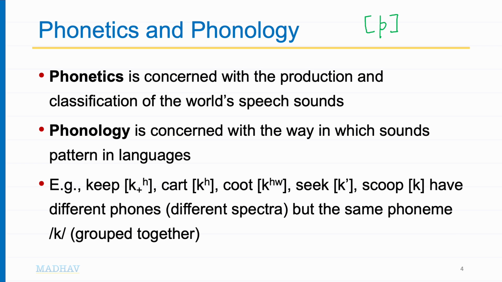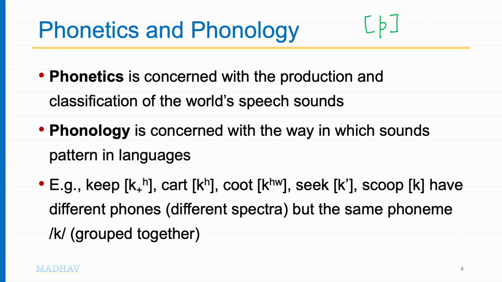And then you have cart, k sound. Coot, it's k with a superscript w, just to denote that it's not the same as cart or keep. It's different. Coot, right? And seek, no h kind of sound. The h kind of sound is called aspiration. No aspiration in seek, it's k.